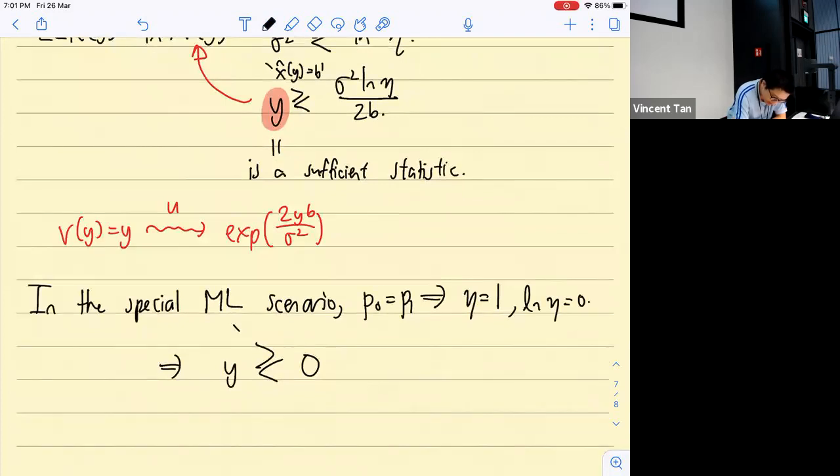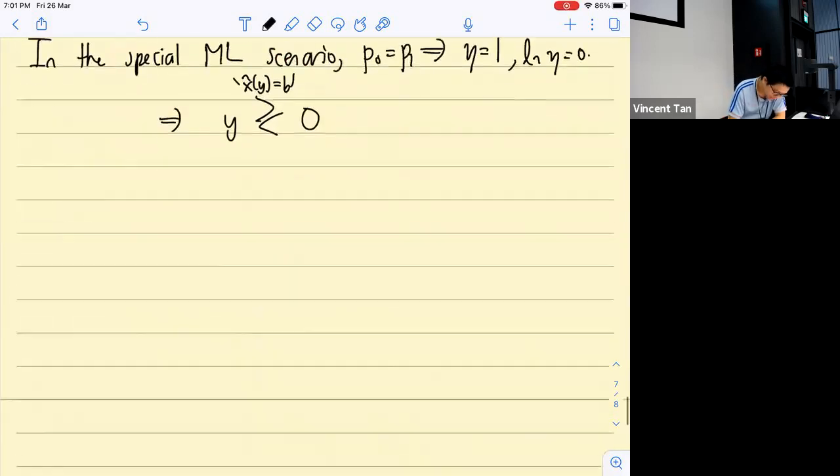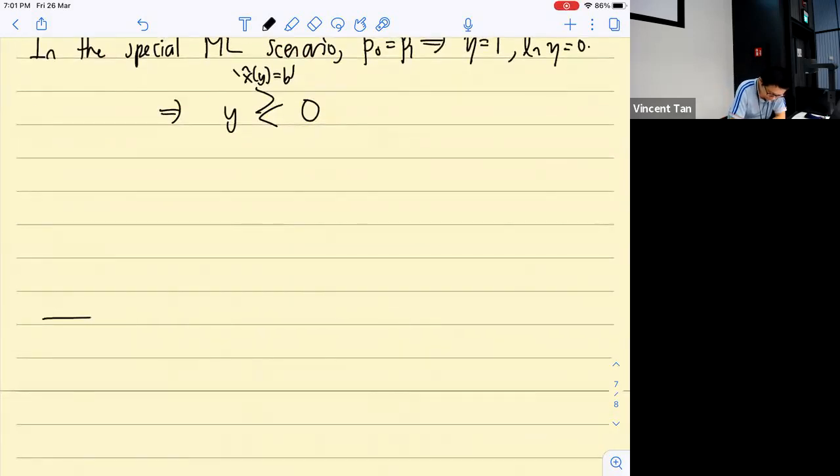So now at the top we declare x hat of y equals b. I just want to write the top. Of course, the bottom is x hat of y equals minus b. So in this ML scenario, we're basically comparing y, the observation, to 0. Which makes a lot of intuitive sense when I draw a picture. So this is our x-axis here.